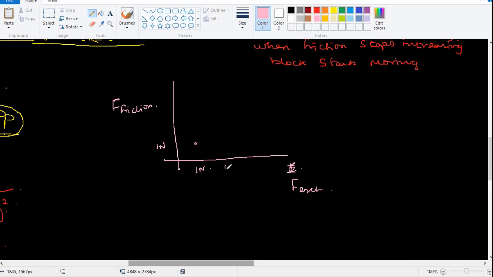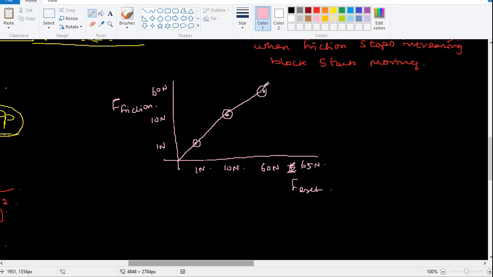When I applied 10 Newton, here the friction was also 10 Newton, which means the point is somewhere here. When I applied 60 Newton, the friction was also 60 Newton, which means the point is somewhere here. But then I told you, when I applied 65 Newton, the friction did not increase. So initially, as I keep on increasing the force, the friction keeps on increasing.